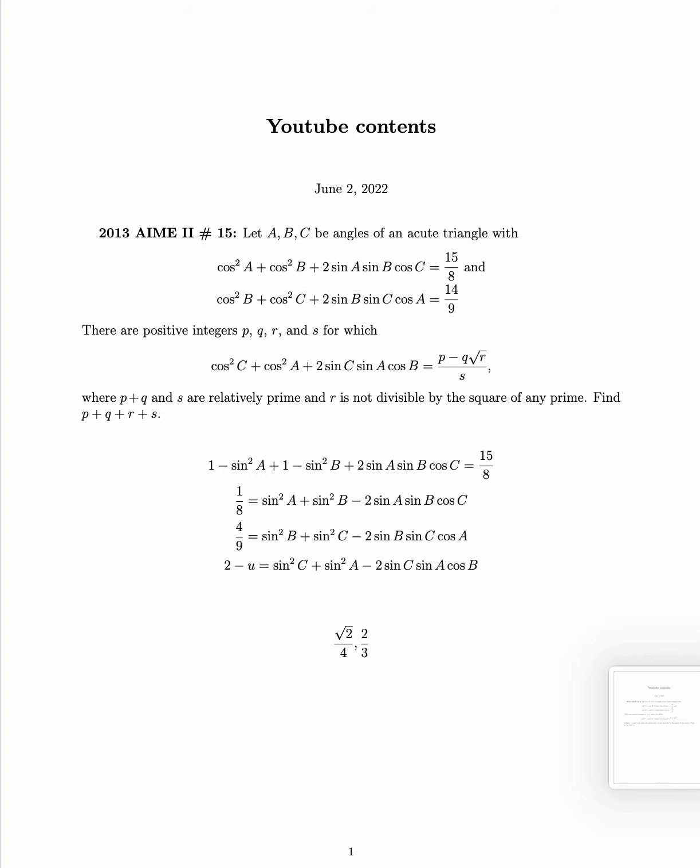Actually, sine A and sine B are the two sides, right? And we want to find the third side, which is just equal to sine C, because sine A, sine B, sine C form a similar triangle.